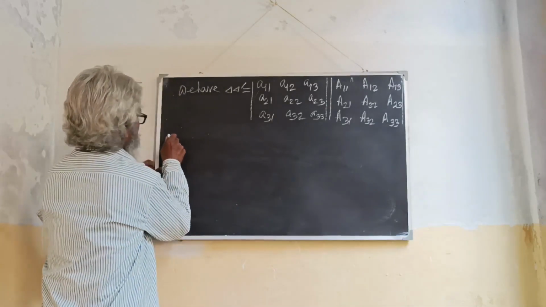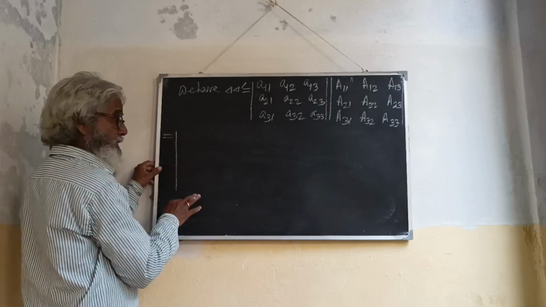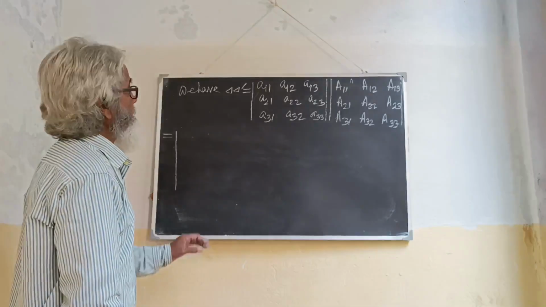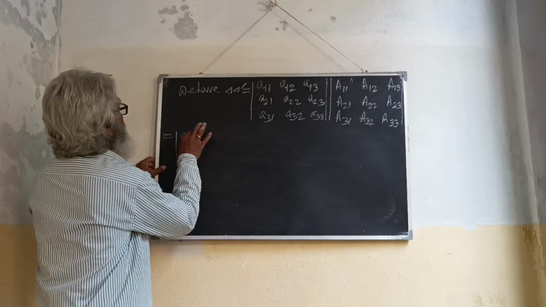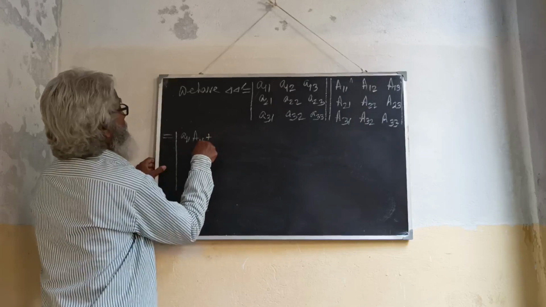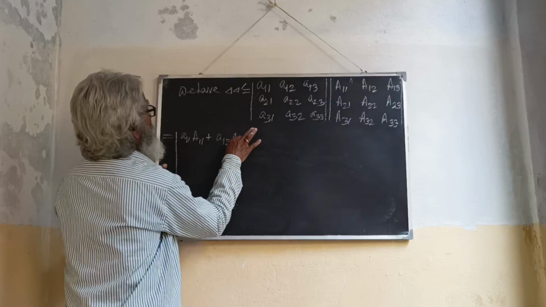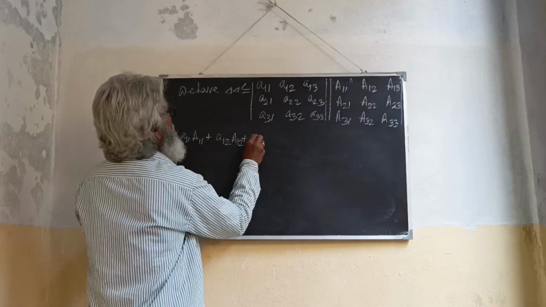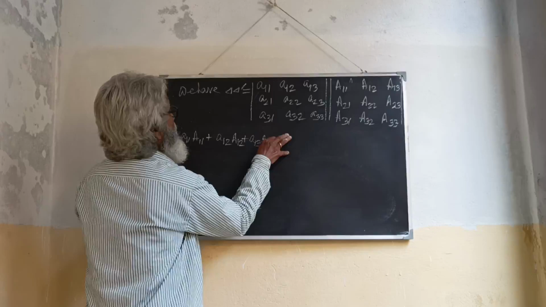Now we multiply by the rule of multiplication of two determinants, which we have learned earlier. First row, first element: A11 A11 plus A12 A12 plus A13 A13.